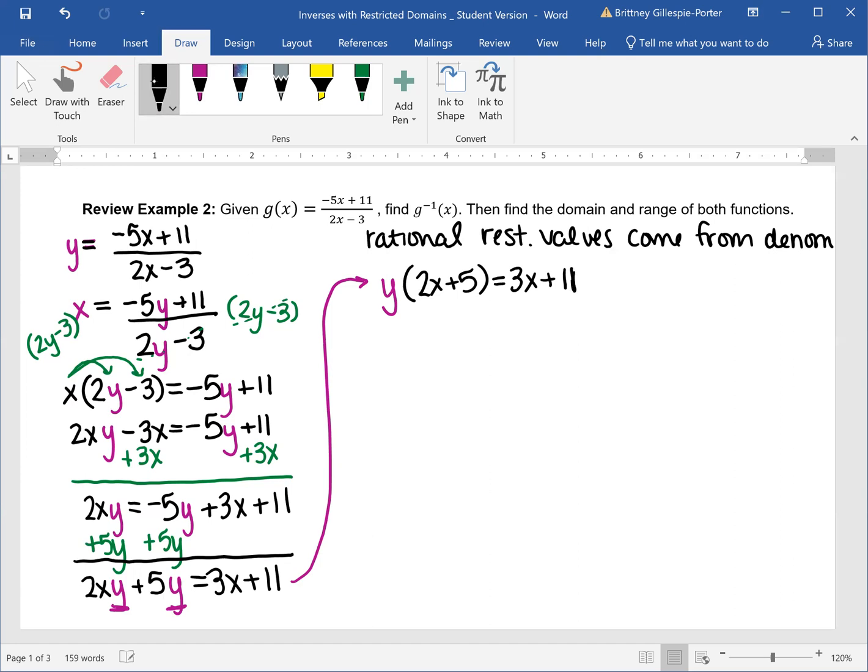Divide both sides by that parenthesis, and we get y is equal to 3x plus 11 all over 2x plus 5, which means that we just found our inverse, which in this case is g inverse of x is equal to 3x plus 11 all over 2x plus 5.